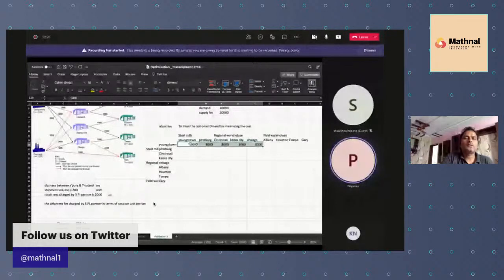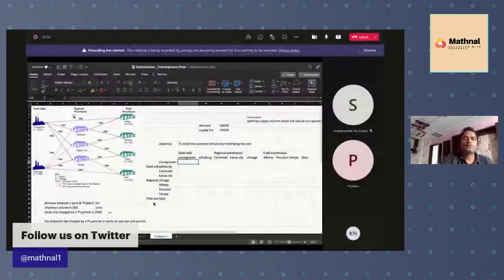Okay, so what is the first one? Youngstown. Youngstown will not go to Youngstown, so put 1,000. Youngstown to Pittsburgh, it will not go there, 1,000, infinity.